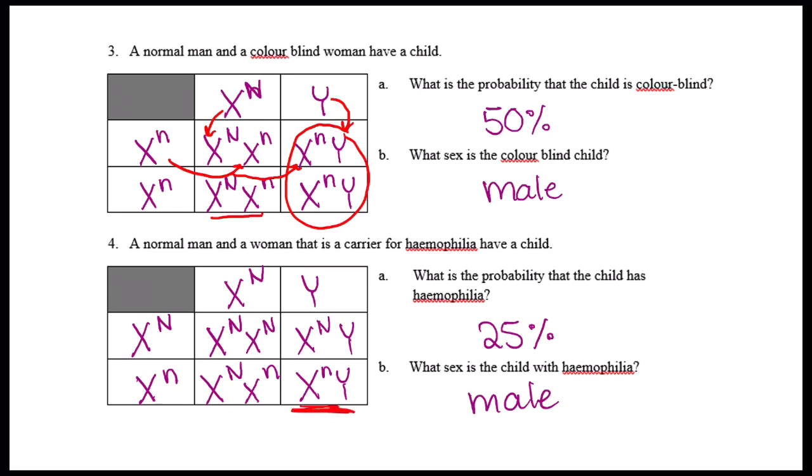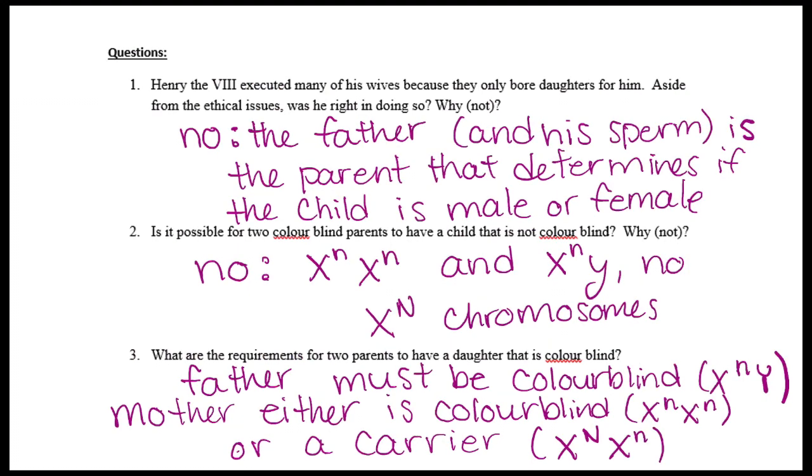Two children have the affected X chromosome, but only 1 will actually show it because this one is a carrier. The normal allele will dominate over the hemophilia allele. So there is a 25% chance, a 1 in 4 chance, the child will have hemophilia, and that child again will be male.